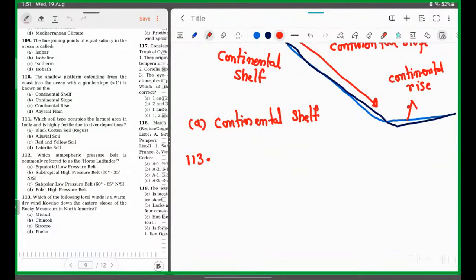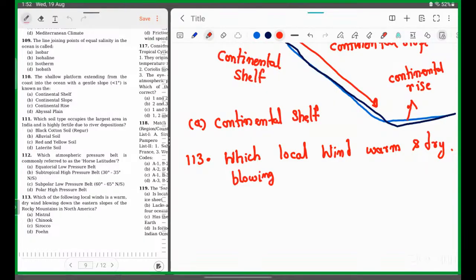113. Which local wind is warm and dry, blowing down the slope of the Rocky Mountains in North America?